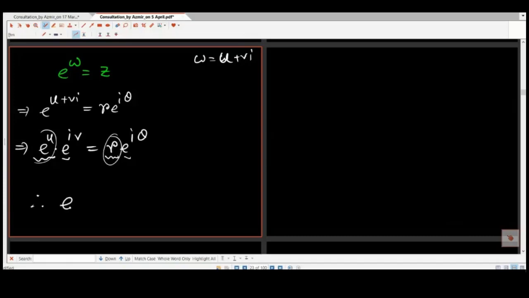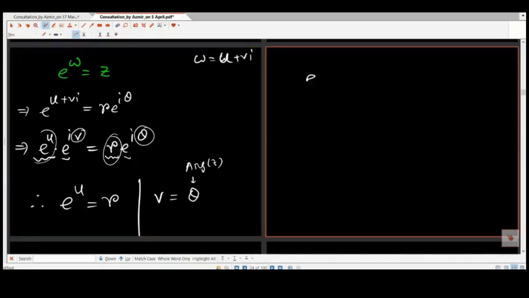So we can say e to the u equals r, and their arguments are equal, so v equals theta. This theta is the principal argument of z. So here you have e to the u equals r and v equals theta. So theta can be written as theta plus 2n pi, where n equals 0, plus minus 1, plus minus 2, and so on.